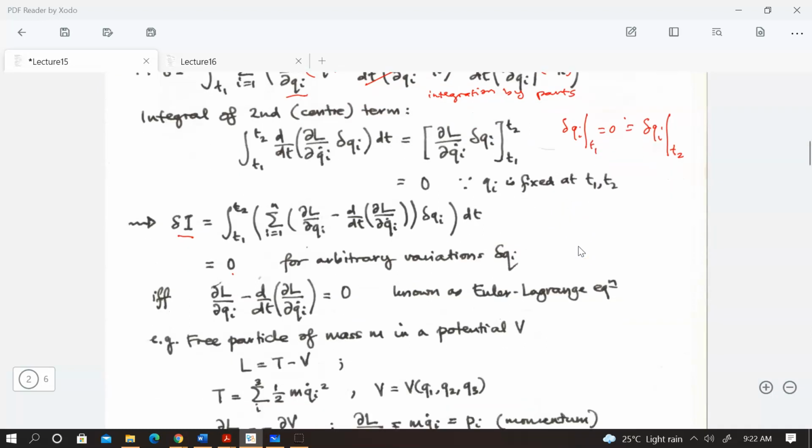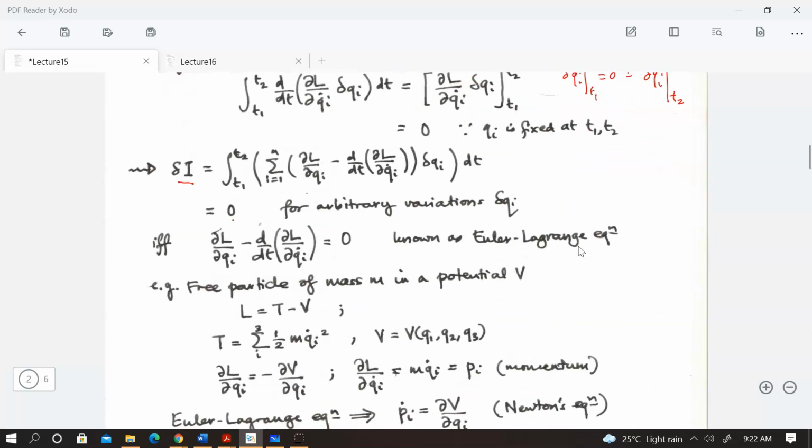Now the only way that this can be equal to 0, because delta qi is arbitrary, is to make the thing in the bracket equal to 0. And this is essentially what is known as the Euler-Lagrange equation that you probably have seen in Lagrangian mechanics.